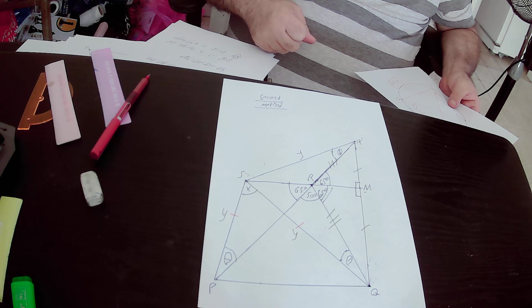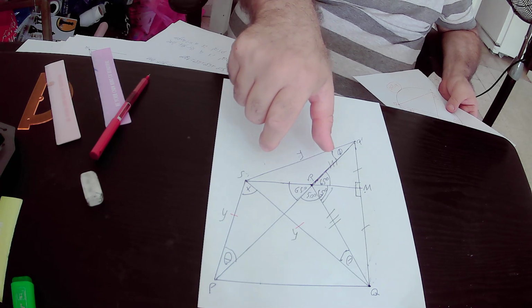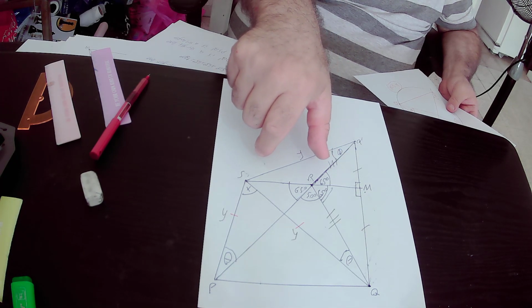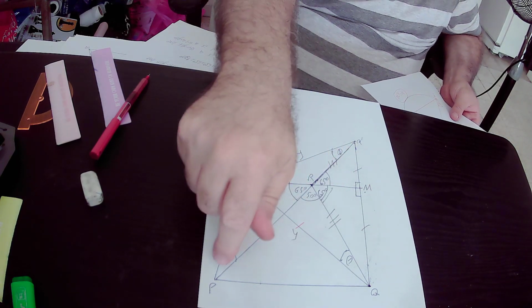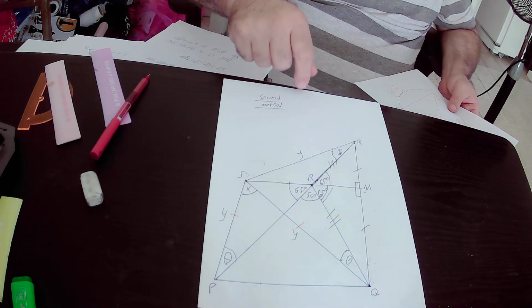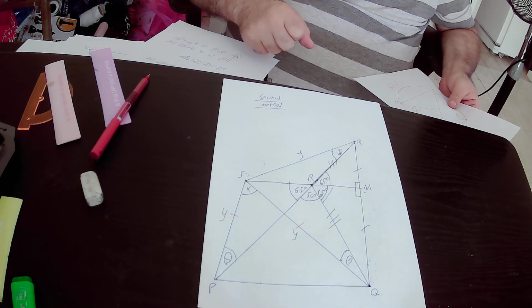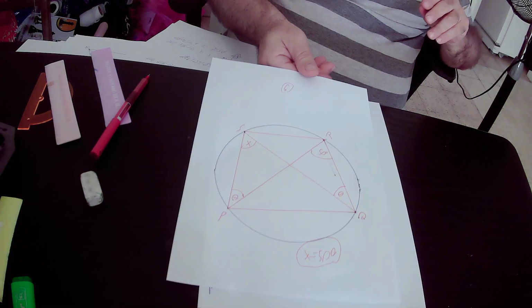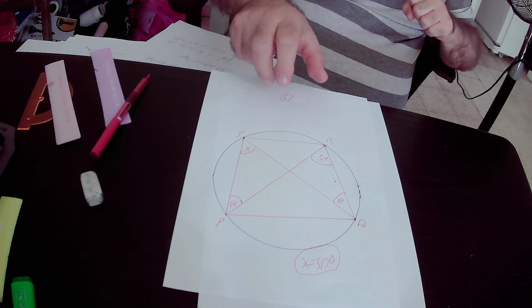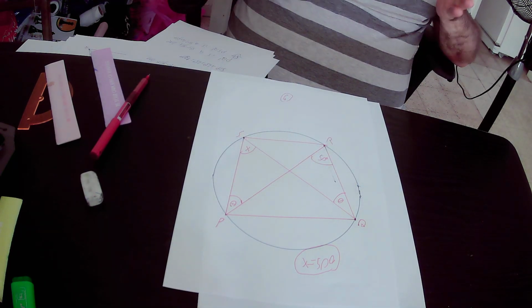And we have the rule that if you have two equal angles that subtend on the same line segment from the same side, then those four points P, Q, R and S can lie on a circle. Okay, so we can draw a circle here. We know that points S, R, Q and P lie on a circle.